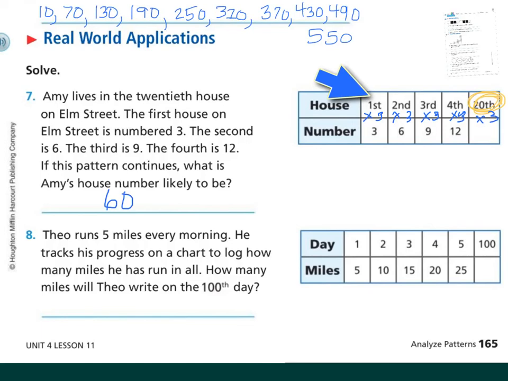The way I'm looking at this, 1 times 5, 2 times 5, 3 times 5, 4 times 5, and 5 times 5, those all seem to work with the rule and in the pattern. So 100 times 5 means on the 100th day, 500 miles.